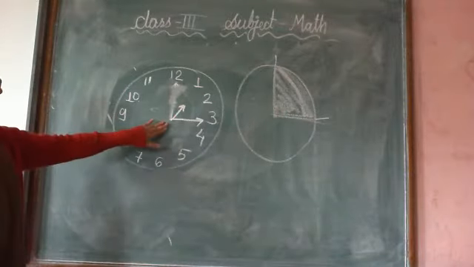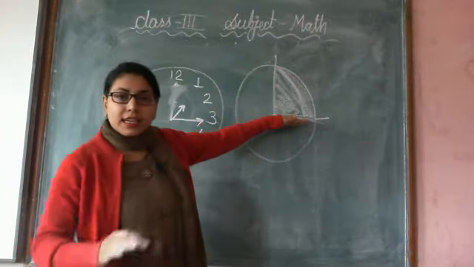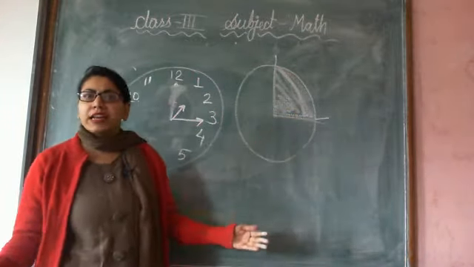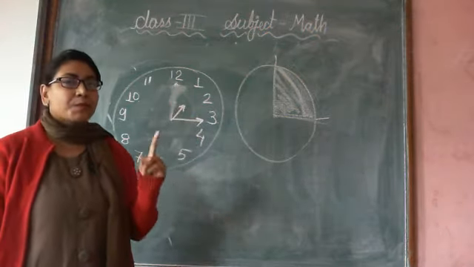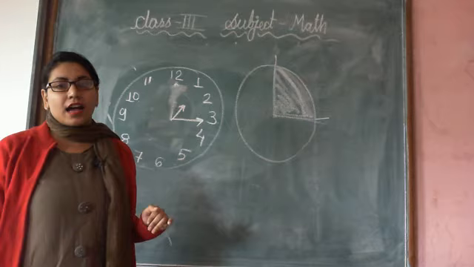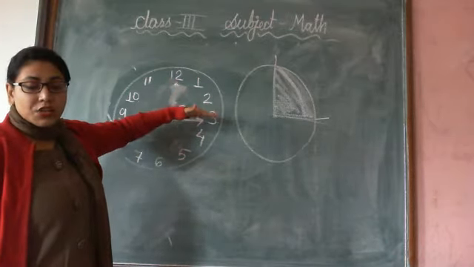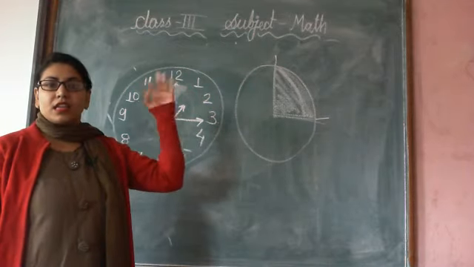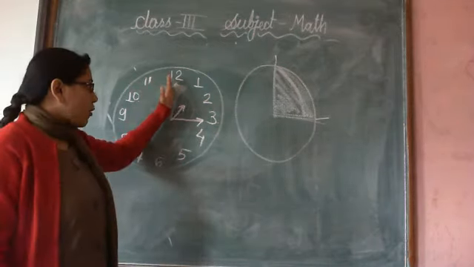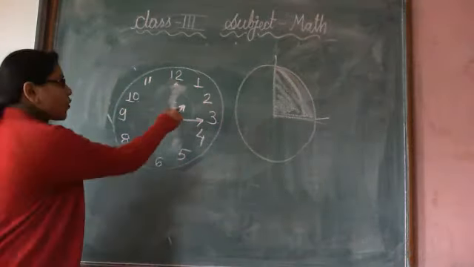So, if the minute hand has passed a quarter part, it is very simple. The minute hand has passed a quarter of the circle. So, quarter passed. Past means बीत गया, चला गया. So, a quarter part has passed.